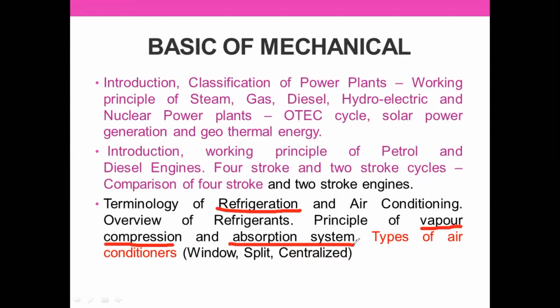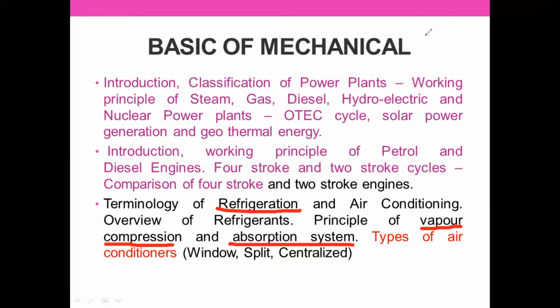We found the only difference between these two is the compressor. In the vapor absorption system, the compressor is replaced by three components. First one is the absorber, then the pump, then the generator.